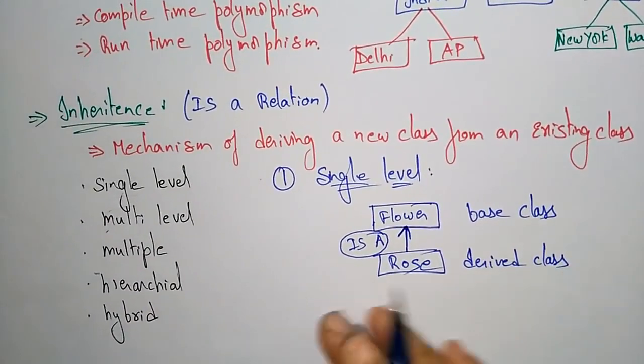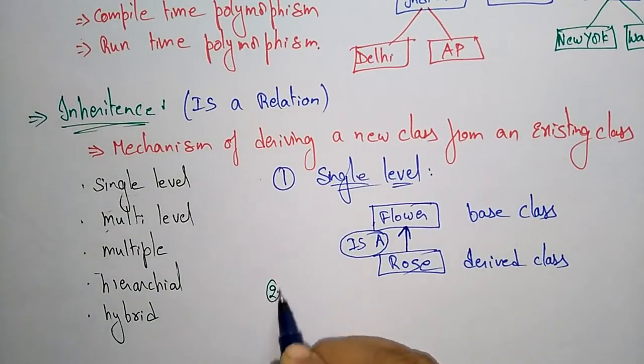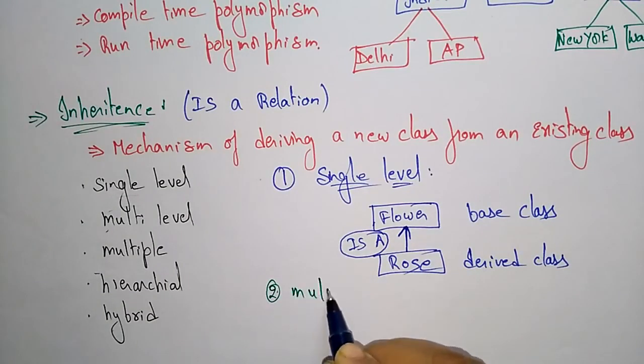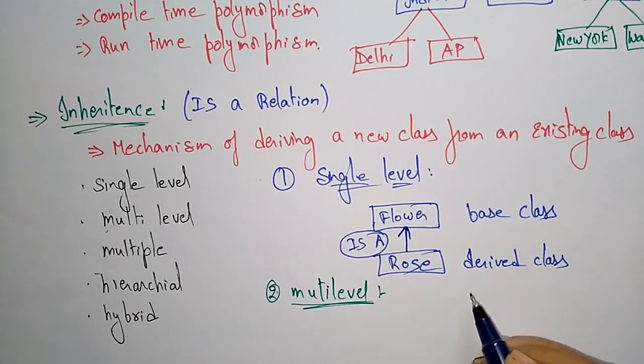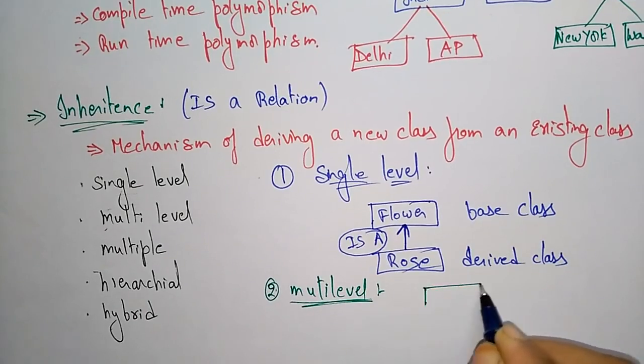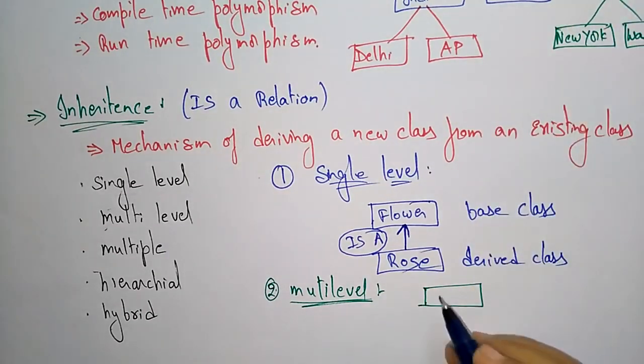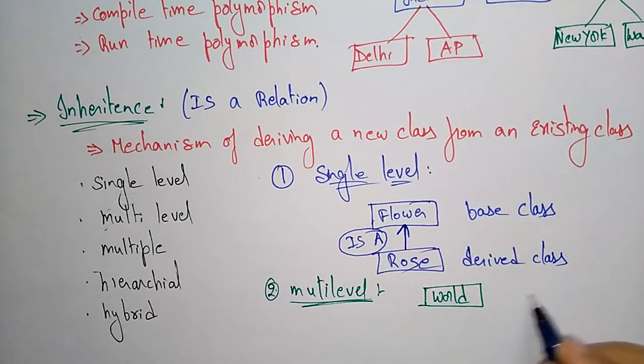Now coming to the next one, the second is multi-level. What is multi-level inheritance? Let us take an example. Here the world is the base class. In the world, India.